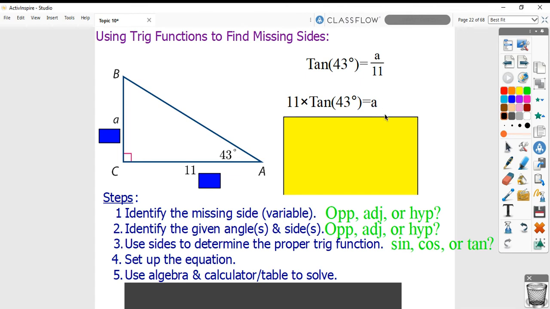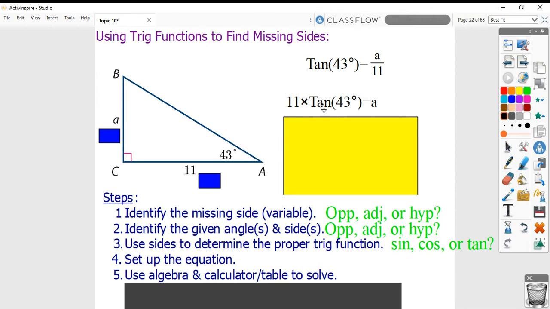Now, here's the other thing you need to recognize: the tangent of 43 is just a number. If you're looking at the chart, it says that the tangent of 43 is 0.9325, or you could just type into the calculator, hit tan, and then inside the parentheses, 43, and it tells you that same number.